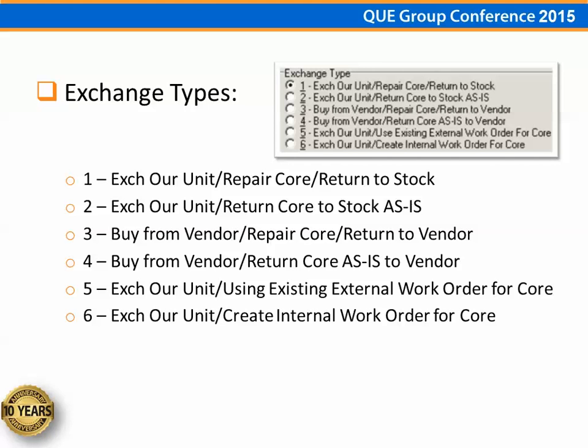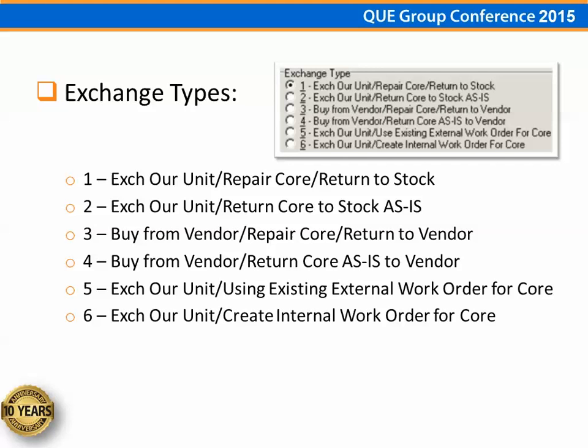When the core comes back, you want it to be sent on repair and then return it to stock. And when you use this option, this will drive certain things in the system. And it's a good indicator to your team and working between different departments about what's expected to happen when the unit's coming in and out. So in this scenario, when the receiving process happens on the core, it'll launch a repair order option.